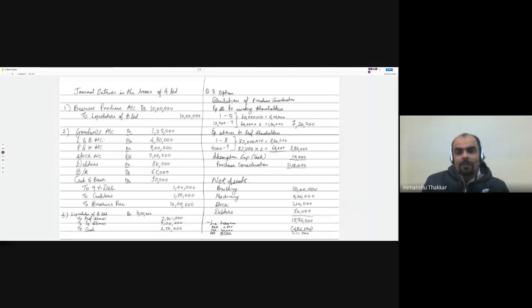If Junior Limited was paying the absorption expense, that is the realization expense, that would have been written in the realization account. So the purchase consideration was 11 lakh 18,000.